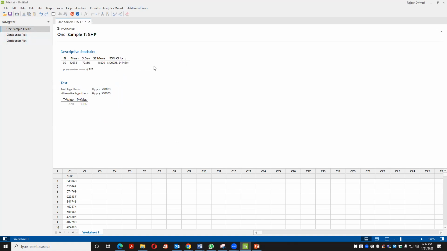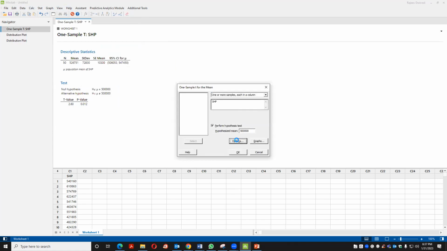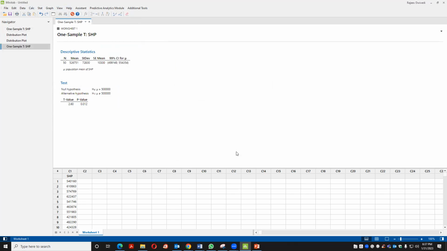Now, what happens if I increase this confidence level? I do the exact same thing, go to one sample T, and in the option I set 99%. I hope this is getting recorded. Look into this. I did 99%. Here you can see the result.